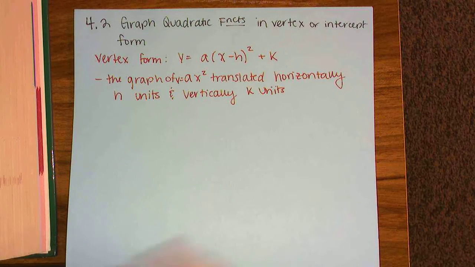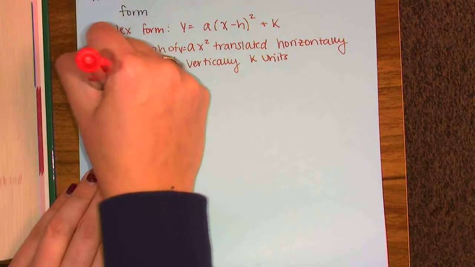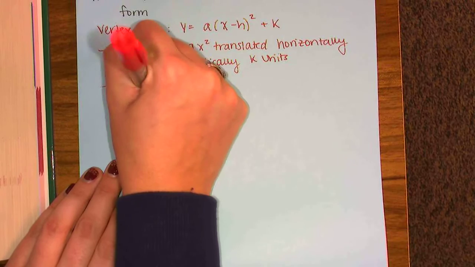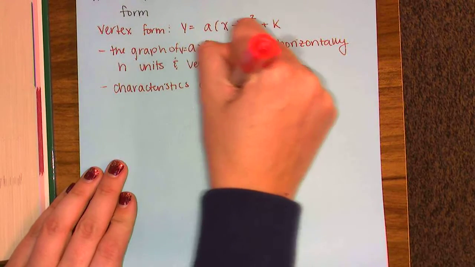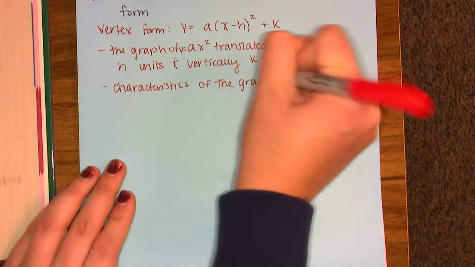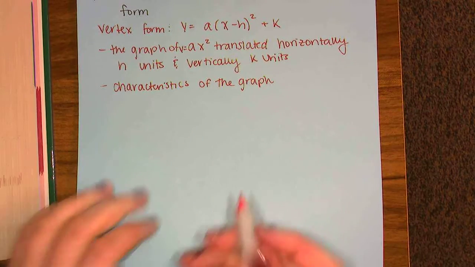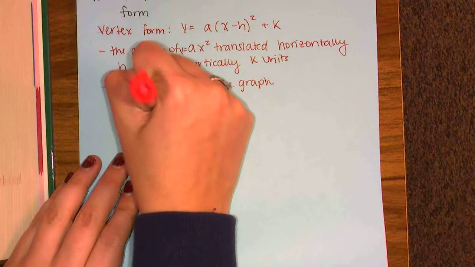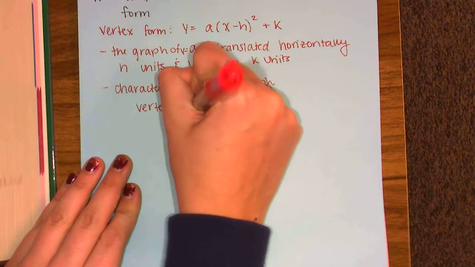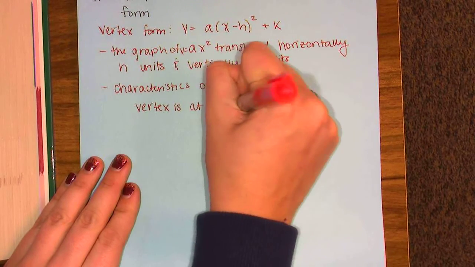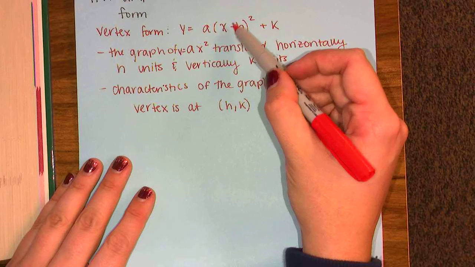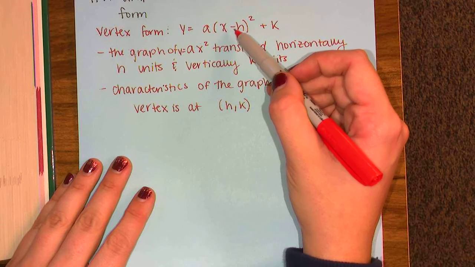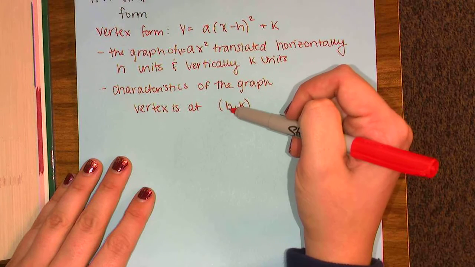Let's see. So some characteristics of the graph. The vertex is at (h, k). That just means the number here. If this sign right here were positive, h would be negative down here.